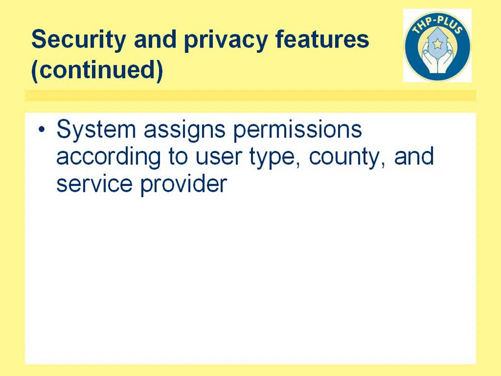If a user is a service provider level, that user can only see and change the data for participants within that particular service provider organization. So putting the data into the system does not mean it's then available to everybody who uses the system. It's only available to people who should be able to see and revise that information.